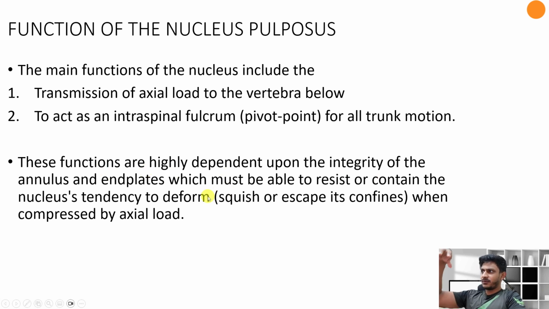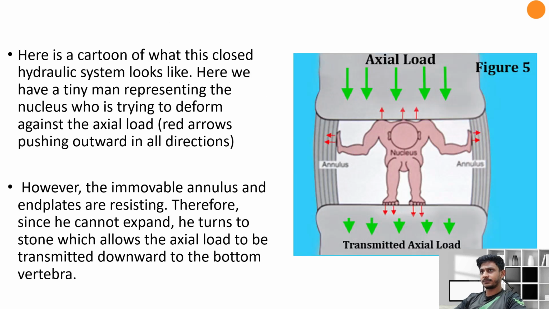Because when it is subjected to loads, the nucleus pulposus, which is originally a jelly-like substance, becomes hard and firm. And how it does this is by applying high pressure on the surrounding annulus fibrosus and the superior and inferior end plates. So the annulus fibrosus and the end plate should be firm enough to resist this pressure when the nucleus pulposus is compressed. So I'll show you with the diagram if you didn't understand.